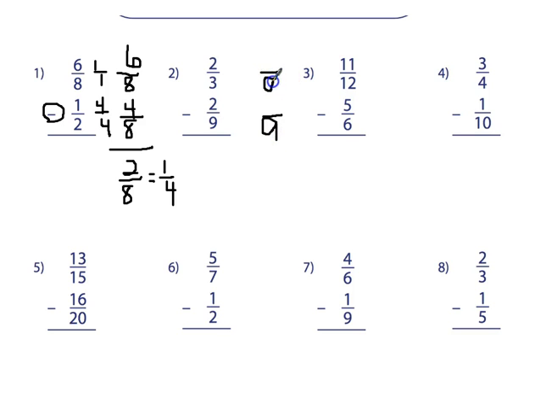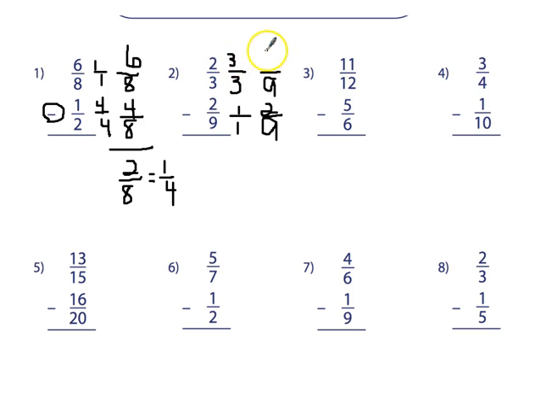So I'm going to write my new denominator, leave room so I can show my new numerator, and 9 times what number is 9? Well, that's 1. So this fraction did not change. It stays 2/9. 3 times what number is 9? Well, that's 3.